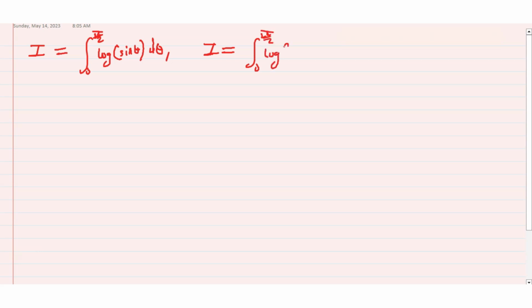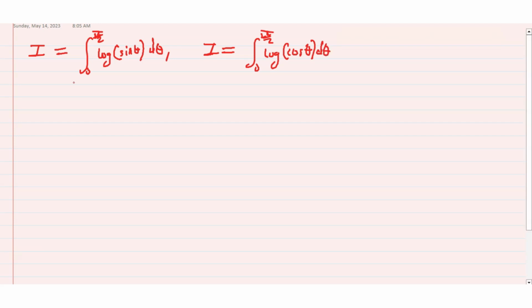So what we have here is that I is equal to the integral from 0 to pi over 2 of the logarithm of sine of theta d theta, and then I is also equal to the integral from 0 to pi over 2 of the logarithm of cosine of theta d theta.